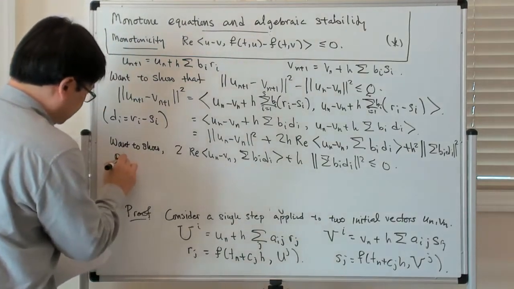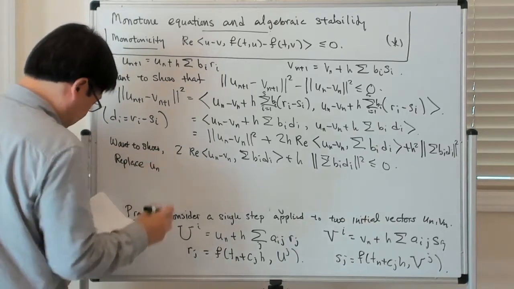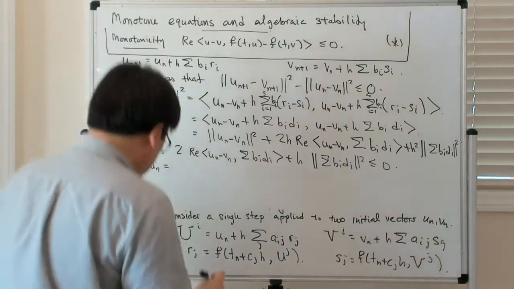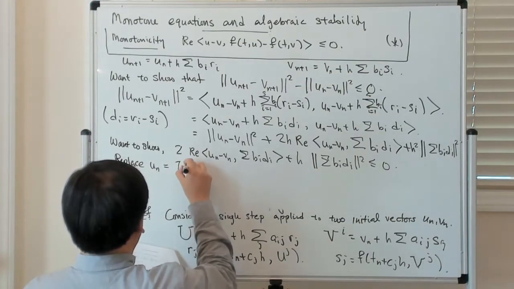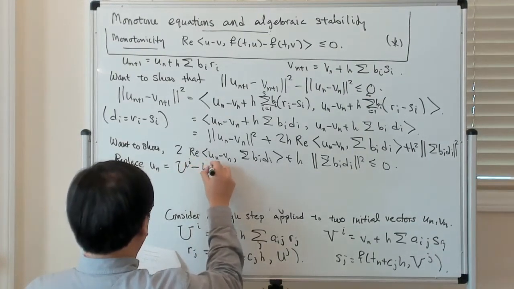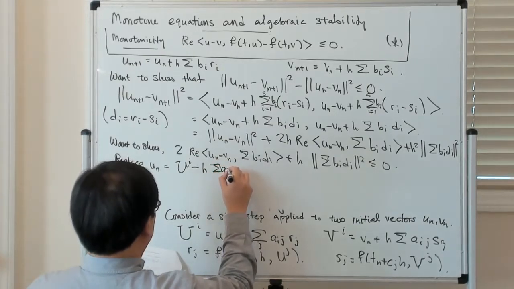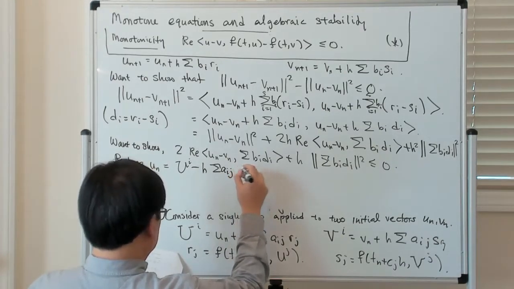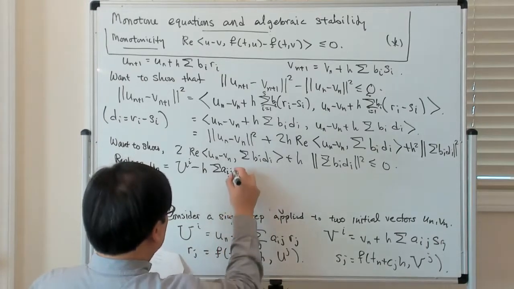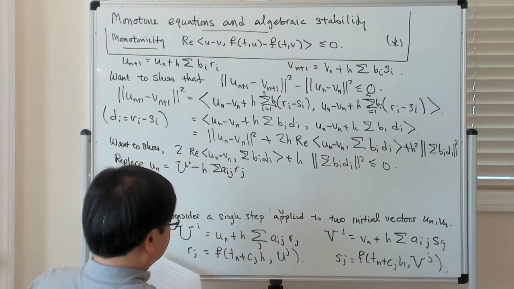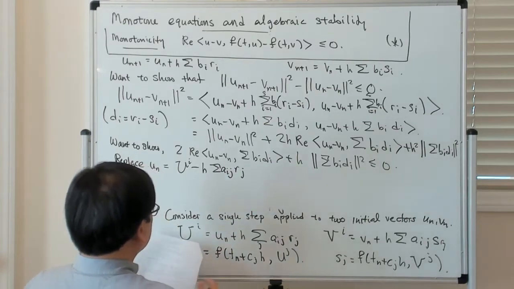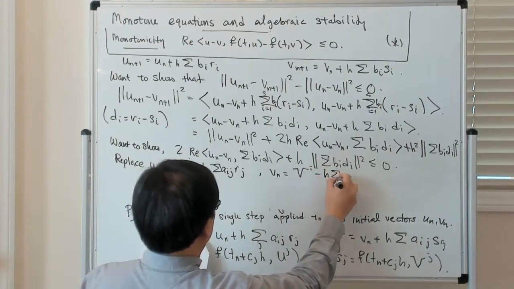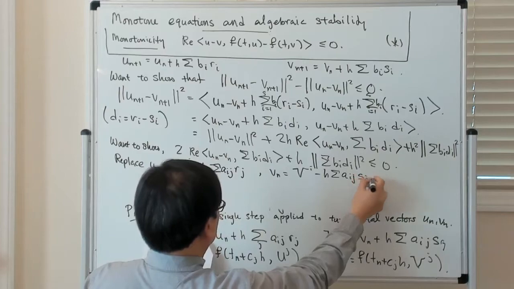So I'm going to replace un by the following: ui minus h, the sum of aij rj, and vn is going to be vi minus h sum of aij sj.